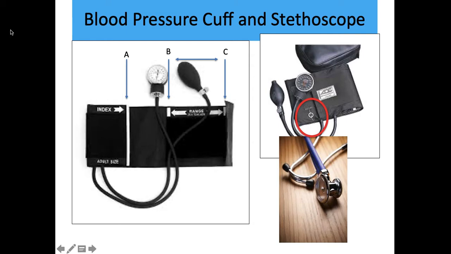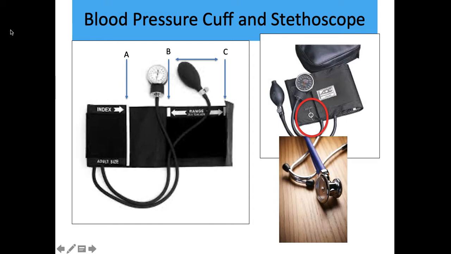So when you wrap this thing around the patient's bicep, nice and snugly like you're supposed to, that index arrow should fall within the B and C range. If it's way past that, it means the cuff's way too big for the patient. If it's barely making it and it's outside the range, it's probably too small for the patient. So it needs to fall within that range.